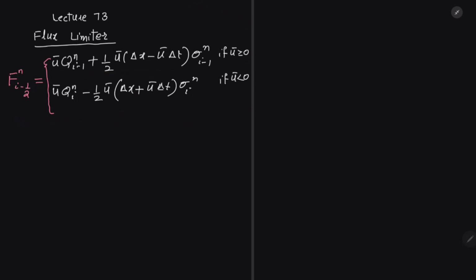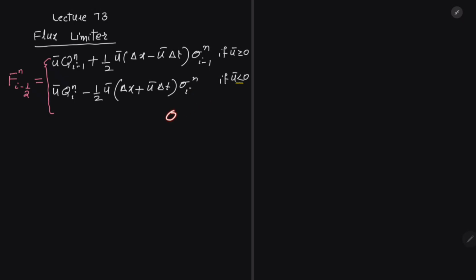When u bar is less than or equal to 0, we have a flux defined over here. Now the idea is we don't want to connect flux with the slope. We know that changing slope means we get different answers.